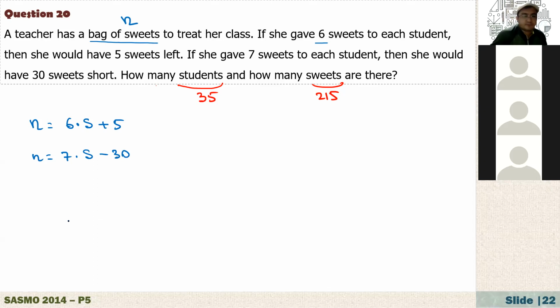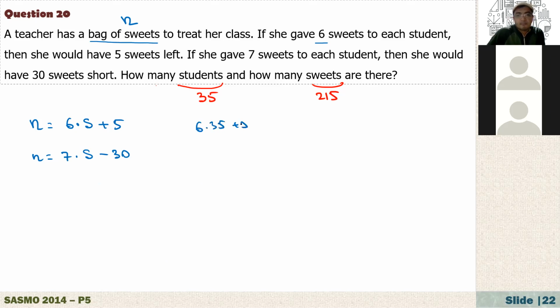So what are these numbers, right? When you divide. Can I say 7x minus 6x, it's x, and divide 35. It is 215, right?